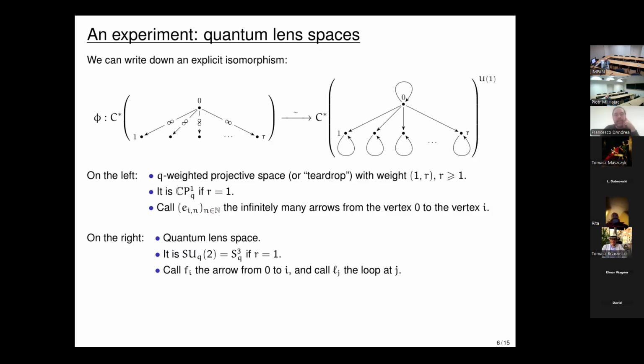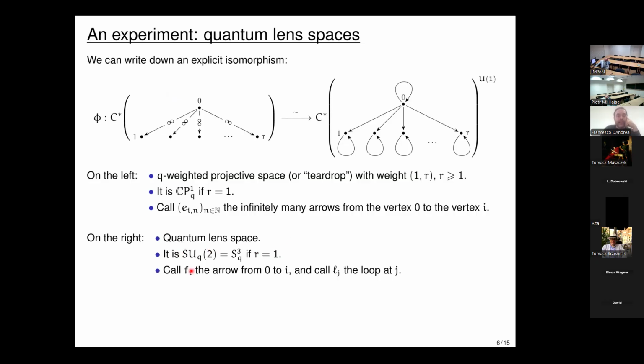On the right, you see the graph of quantum lens spaces. If R is equal to 1, so if you have only two vertices, this is SU_q(2), also called the Woronowicz quantum three-sphere. So for R equal to 1, in particular, this embedding that I'm going to write is an isomorphism between the standard Podleś sphere and the AF core of the graph C*-algebra of SU_q(2).